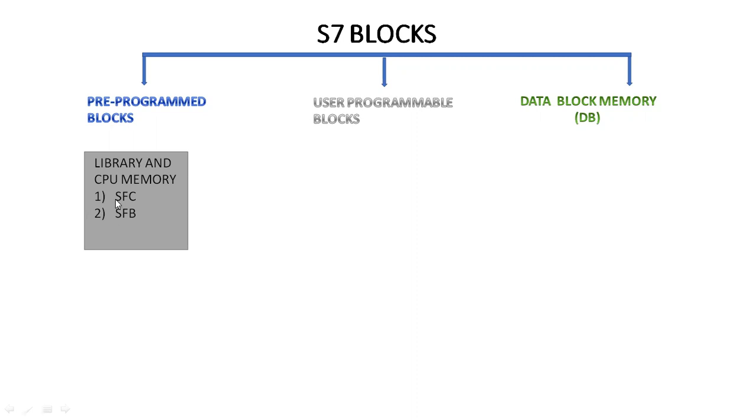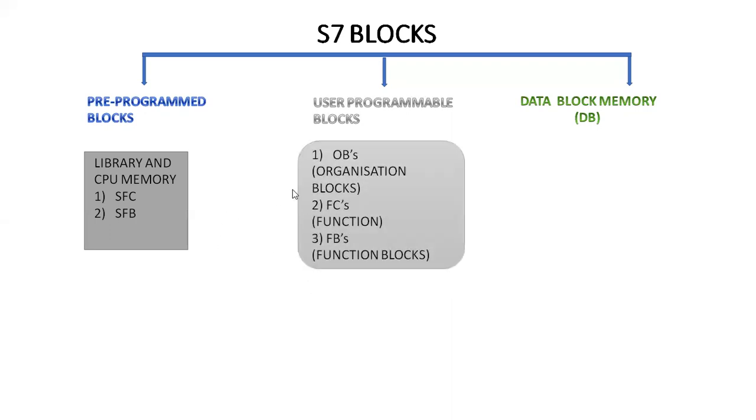That we call pre-programmed blocks. The same logic is there, so 10-15 times I can simply use the same block, but give it different addresses. That's the advantage here. You don't need to make all those calculations again and again.